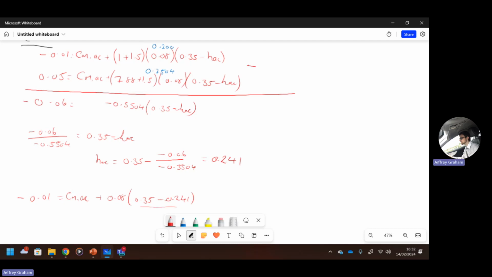If we take all of that to the side by subtraction and work it out with minus 0.01, we get our coefficient value.